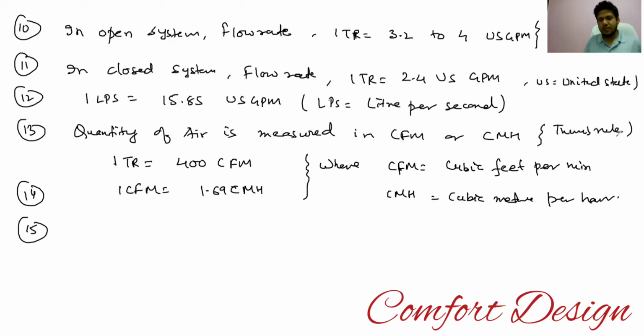Thumb rule is something that comes from multiple observations. So there is no calculation for how we can derive this 1 TR equal to 400 CFM. This is based on the thumb rule, but 1 CFM equal to 1.69 CMH can be derived. Okay.